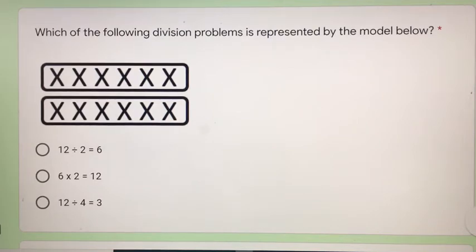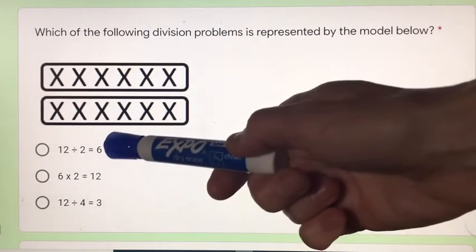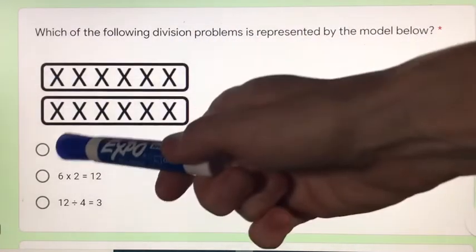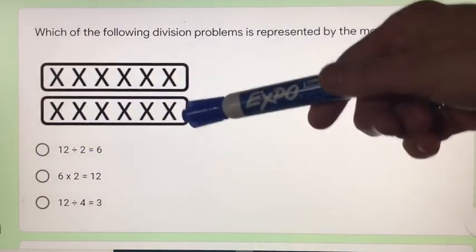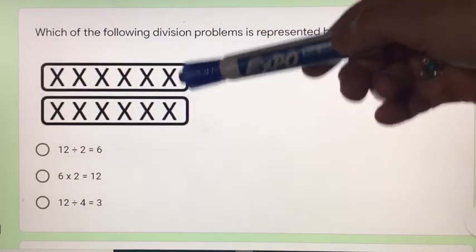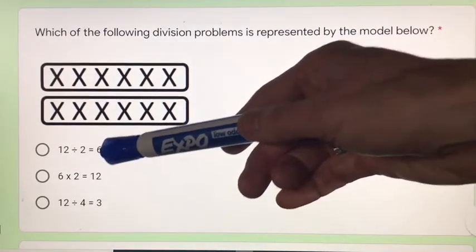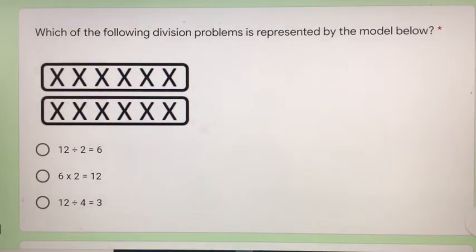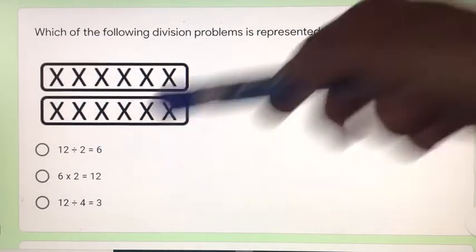Looking at my choices then, my first one, 12 total x's, divided into 2 groups, so divided by 2, gives me 6 x's in each group. So that means our first bubble right there would be the correct answer.